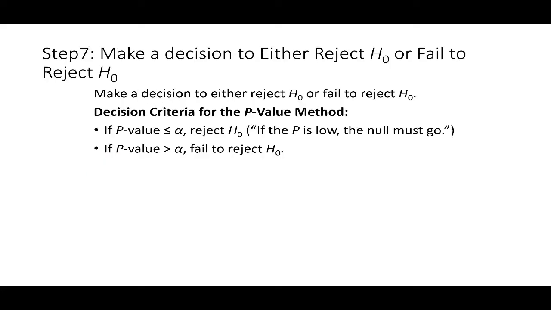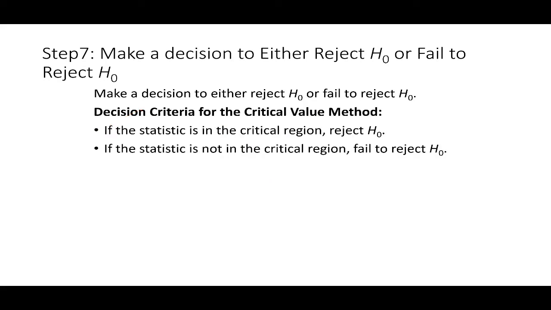So now after finding the p-value and critical value, this is what we do. We compare the p-value with the significance level alpha. If the p-value is less than or equal to alpha, then we reject the null hypothesis. If the p-value is greater than alpha, then we fail to reject. So there are only two scenarios: either we reject the null hypothesis or we fail to reject the null hypothesis.